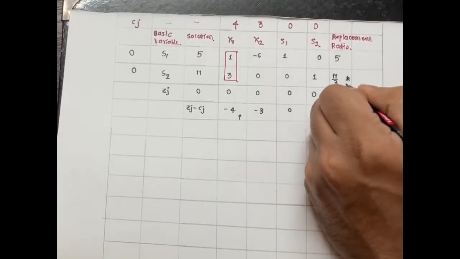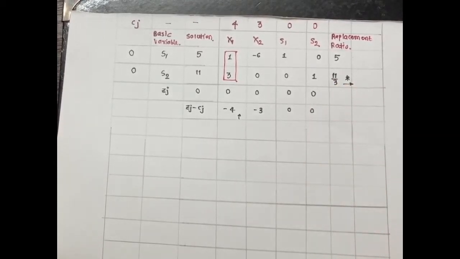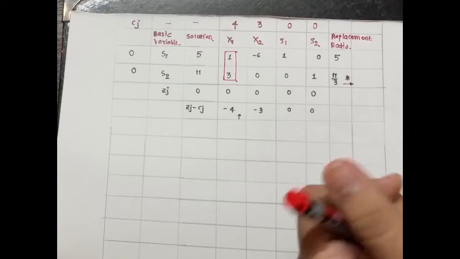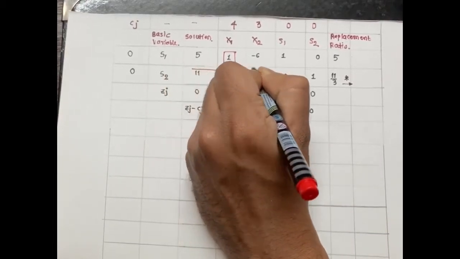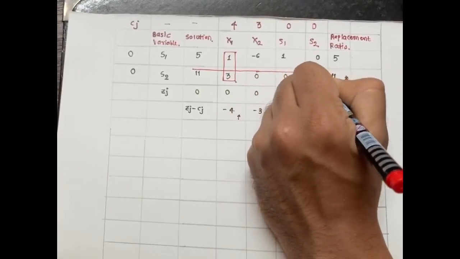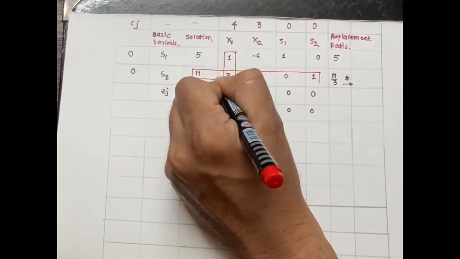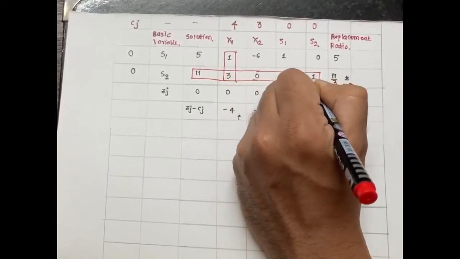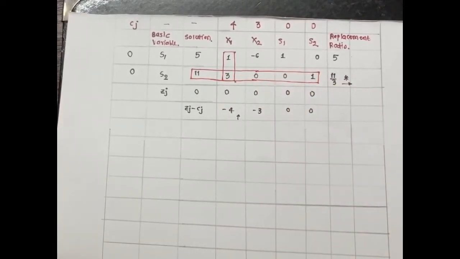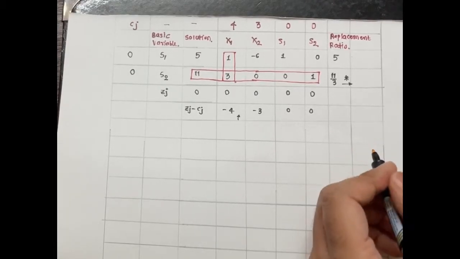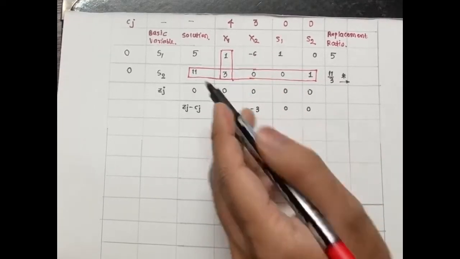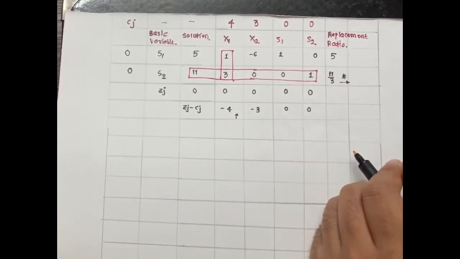So this indicates that S2 is my leaving variable, and the corresponding row becomes my key row. We are done with our first iteration: x1 is our incoming variable and s2 is our leaving variable.